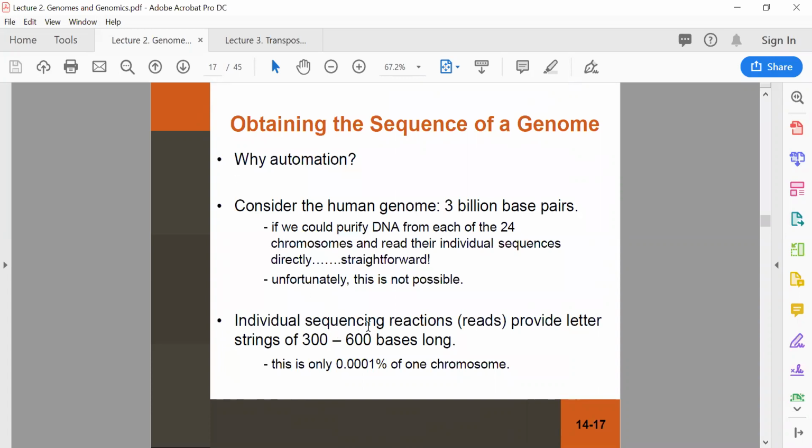And just by the way, these individual sequencing reactions that read small fragments of DNA are called reads. Each reaction only reads small regions of DNA, about 300 to 600 bases in length.